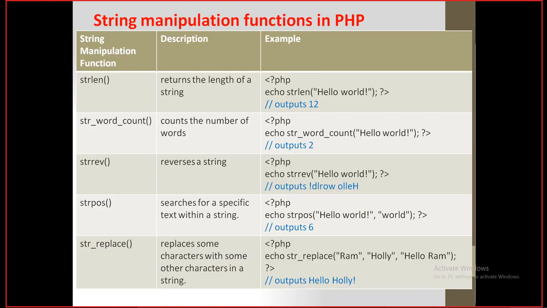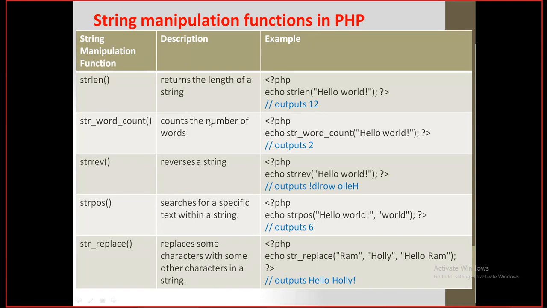Then string manipulation functions in PHP. So we have many string manipulation functions, but a few of them which are usually used, we are going to see. So strlen, as we know, is used to compute the length. The string that we are passing as an argument to this function strlen, it is going to compute the length of the string, and it is going to print it out, right?